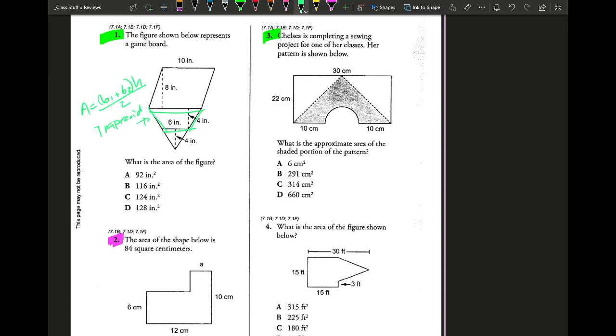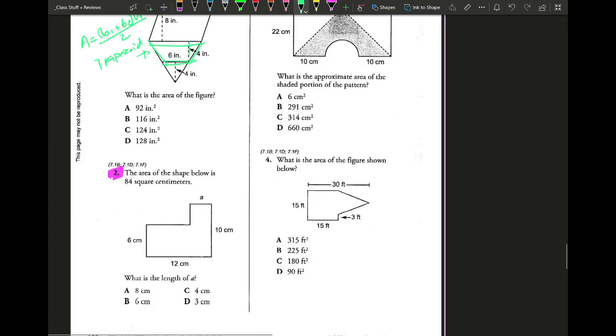After that, you divide by 2. So base 1 is going to be 6. Base 2 is going to be 10. That's 16. You multiply by the height, which is 4. That's 16 times 4, then divide by 2. That's going to give you the area for the trapezoid. You can do it on your own.